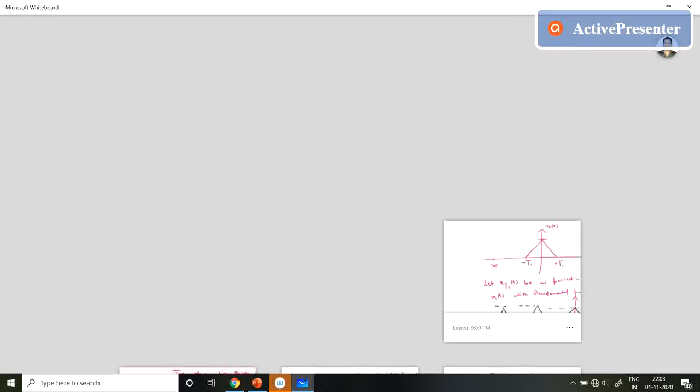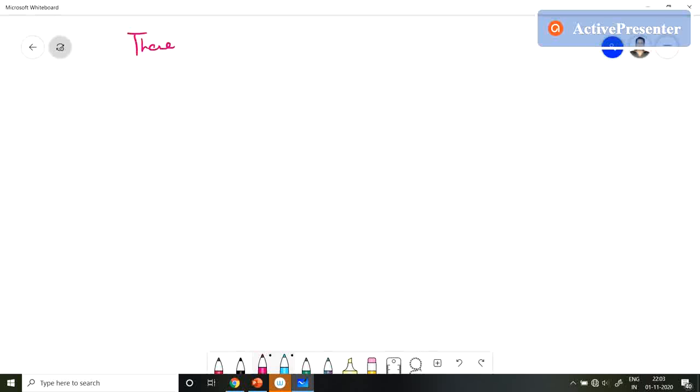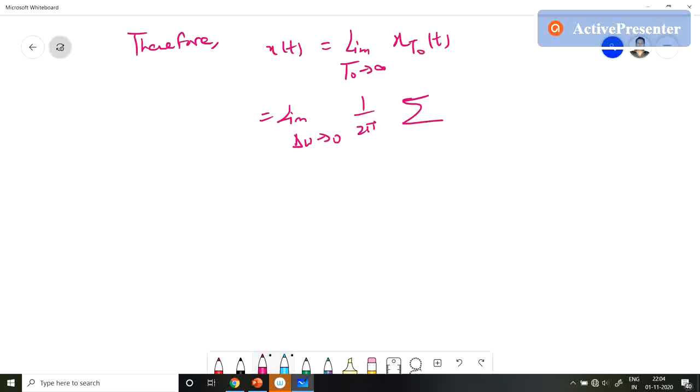Therefore we can write that x(t) is the limit as T naught tends to infinity of x_T0(t), and it is equal to the limit as delta omega tends to 0 of 1 divided by 2 pi summation k equals minus infinity to plus infinity X(k delta omega) e raised to the power j k delta omega t multiplied by delta omega.